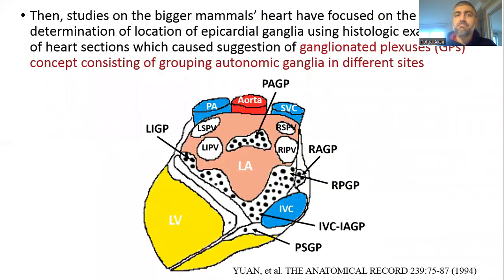If you look at studies on bigger mammal hearts, which focused on determining the location of epicardial ganglia using histological examination of heart sections, we know that in some well-defined left atrial and right atrial areas we see clustering of autonomic ganglia, which is called the ganglionated plexus, defined as grouping of autonomic ganglia in different atrial parts.